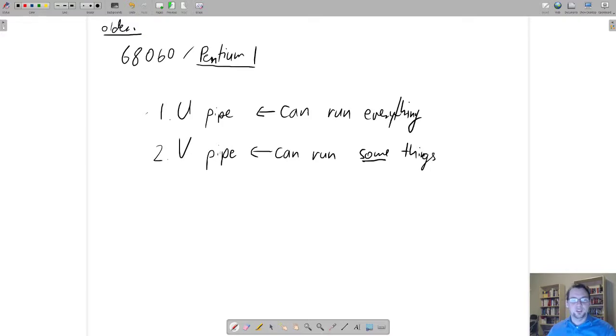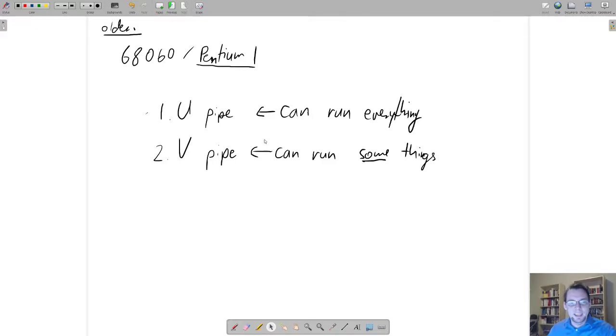And the V pipe instruction will then also get executed on the U pipe, because if you're only running one instruction, it's always on the U pipe. So in this kind of design, the U pipe is full on, can do absolutely everything. That's a hard rule for that kind of architecture. And the V pipe is like, we're going to pick up stuff opportunistically when we can.